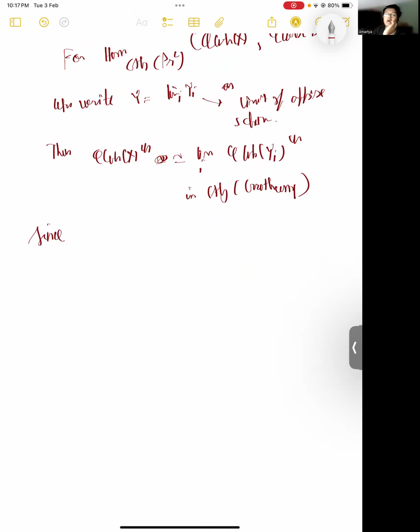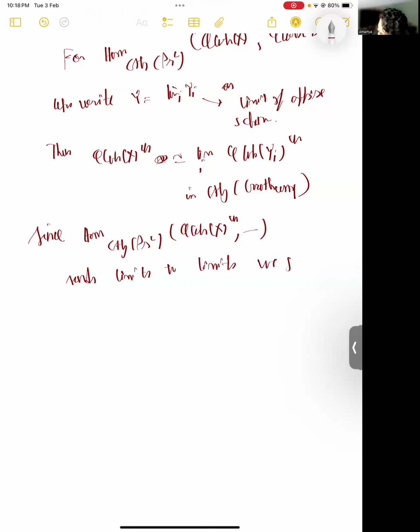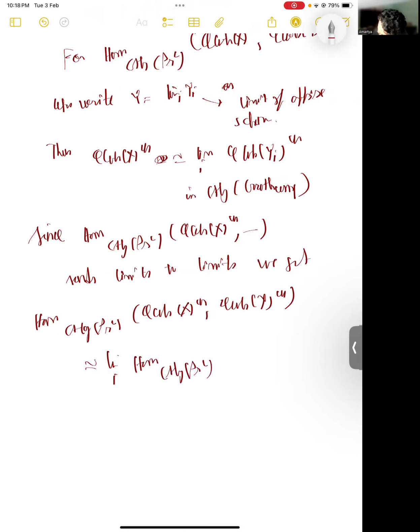Now, since Fun_{CAlg}(PrL)(QCoh X, -) sends colimits to limits, we get Fun_{CAlg}(PrL)(QCoh X, QCoh Y) as the limit of Fun(QCoh X, QCoh Y_i).